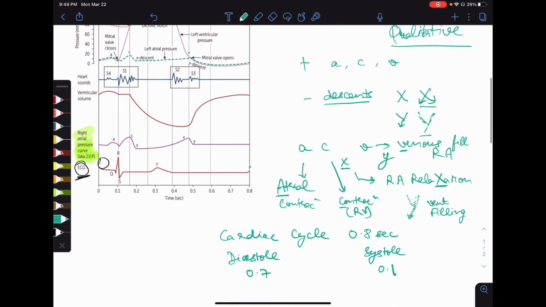Waves in your systole are from C to V. Okay, the rest is the diastole.